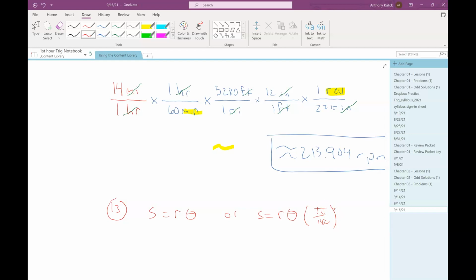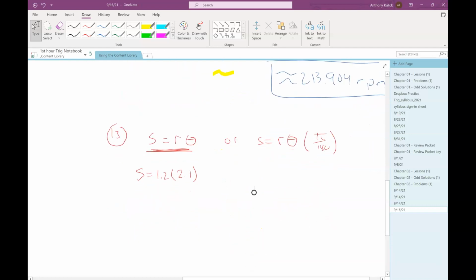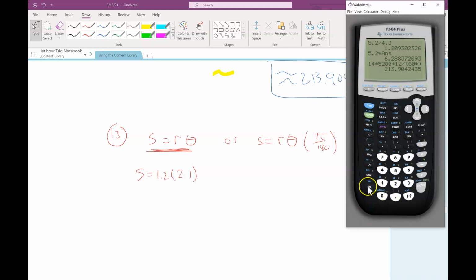For example, if I'm doing 13, I notice that my theta, or my angle, is given to me in radians. So I use that formula, and I just type 1.2 times 2.1 into my calculator, and that would be my answer. So it's basically using one of the two formulas over and over again.